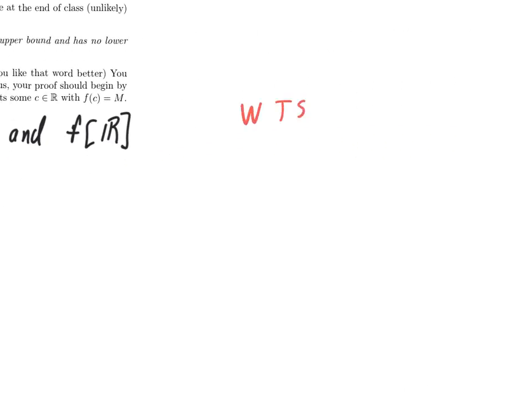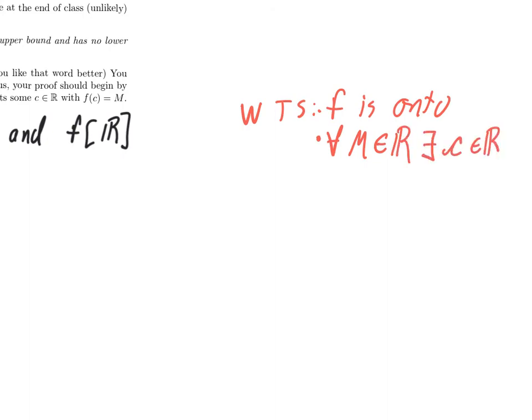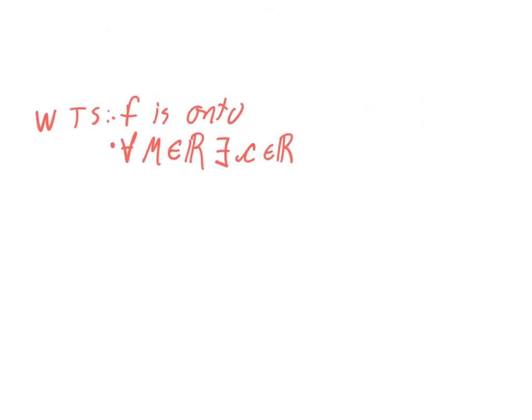I want to show f is onto, or a surjection, pick which one you prefer. What does it mean to be onto? It means that for every m in R, there exists a c in R such that f of c equals m. That's what we need to show.